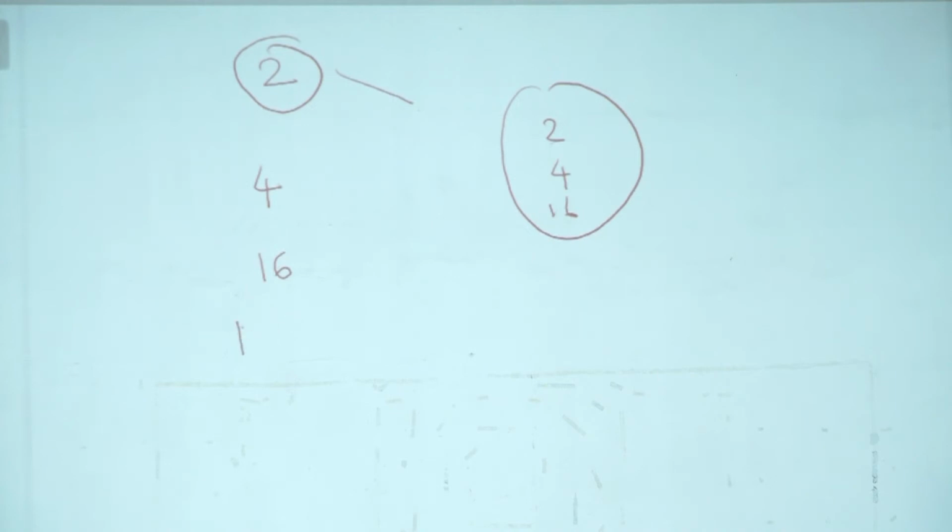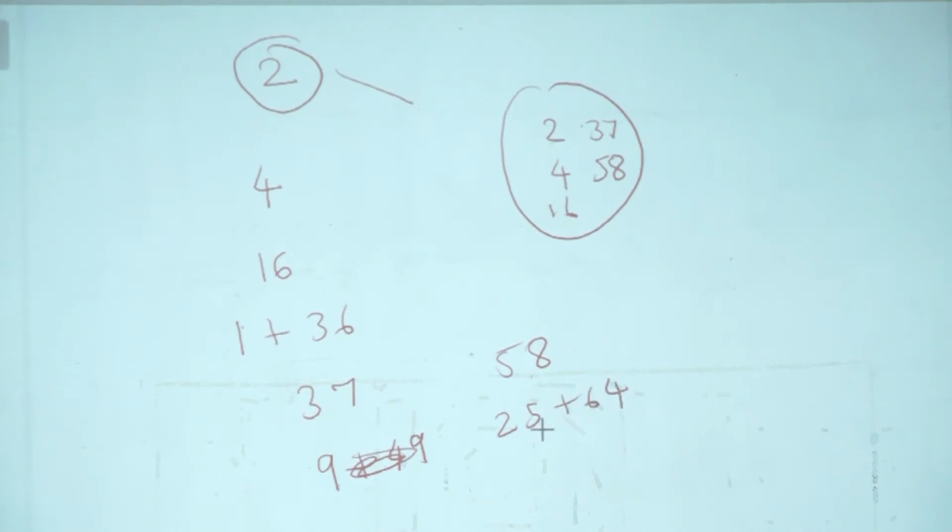16 will become 1 plus 36, 37, correct? 37 we will store here. 37 will become 9 plus 49. It will become 58. We will store it here because it has not repeated. We'll continue. So 58, 25 plus 64, 89.